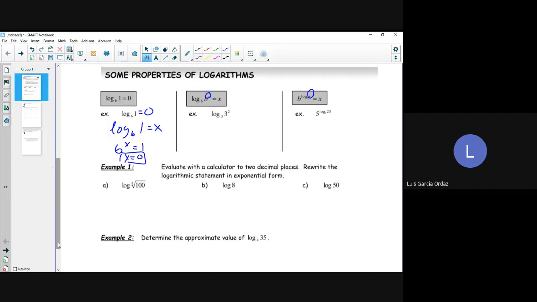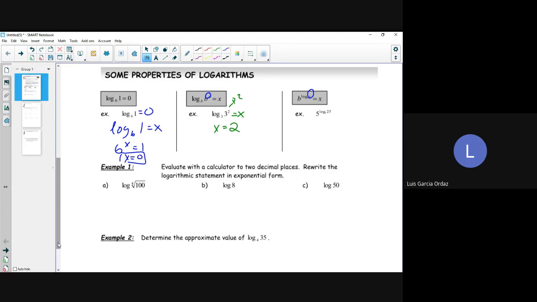The next example we have is log base 3 of 3 to the power of 2 is equal to x. But because of our logarithm law, we just know that x is just equal to the exponent. So in this case, the exponent is 2, which means x is equal to 2.